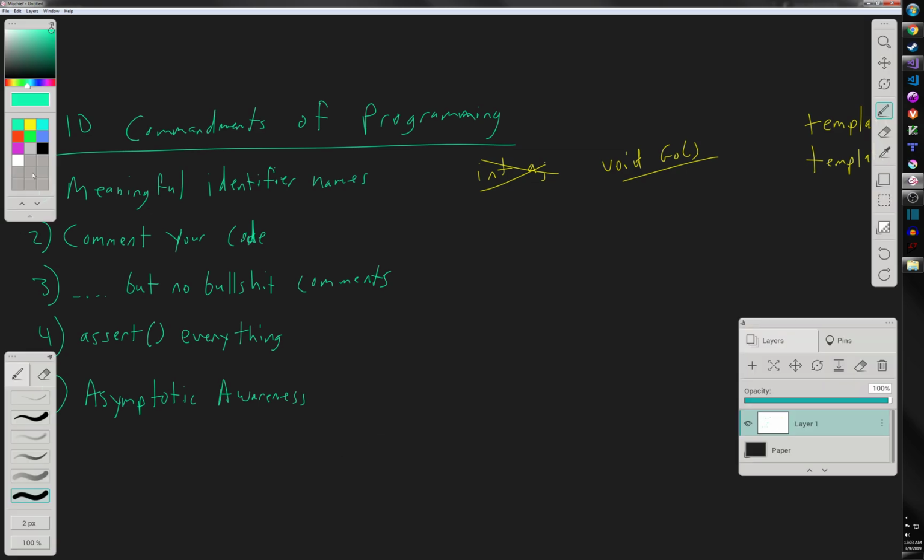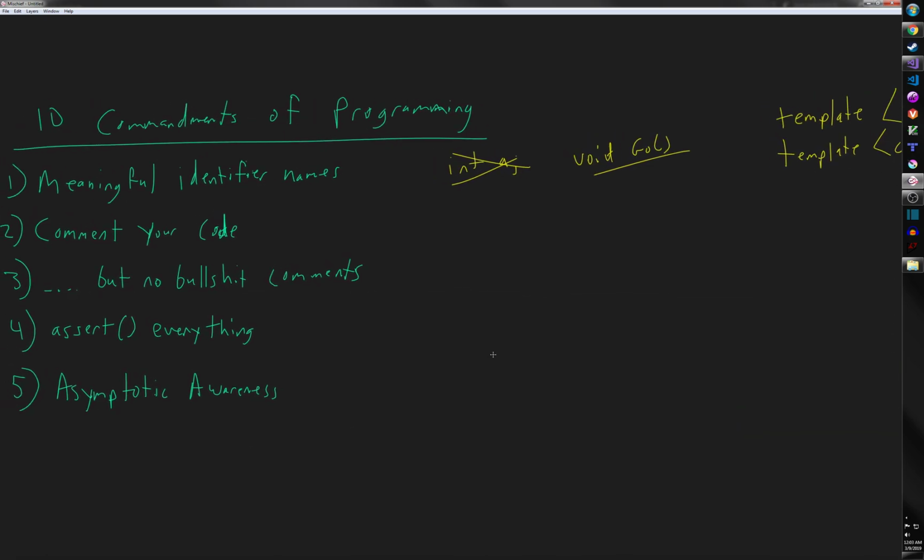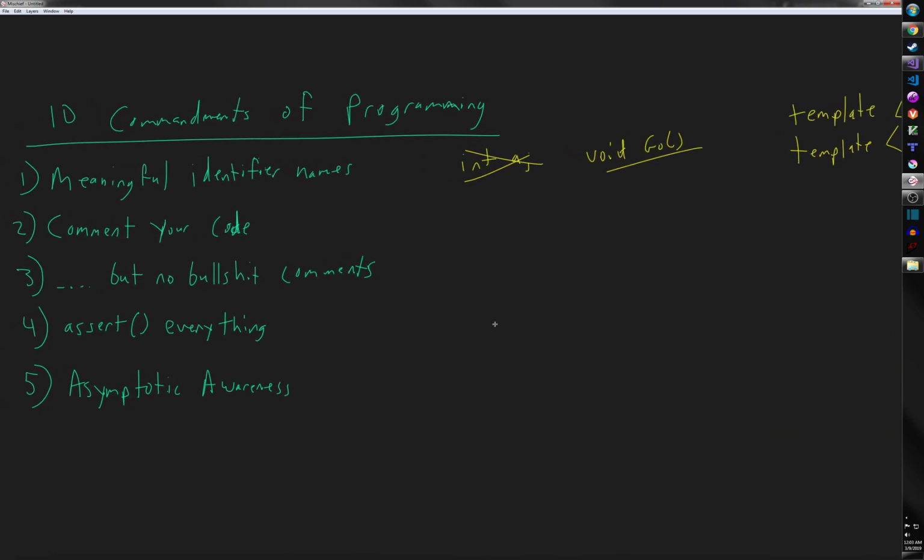Asymptotic complexity, for those who've never heard of it, or algorithmic analysis type stuff, you might have heard it as big O. It's a way to generally estimate approximate algorithm performance. So you might have like n, a sorting algorithm is typically going to be n log n.